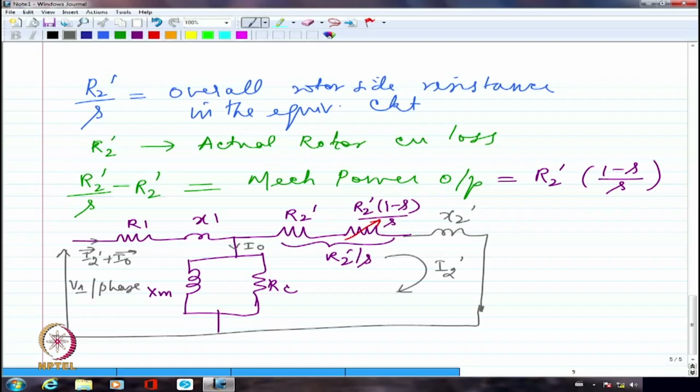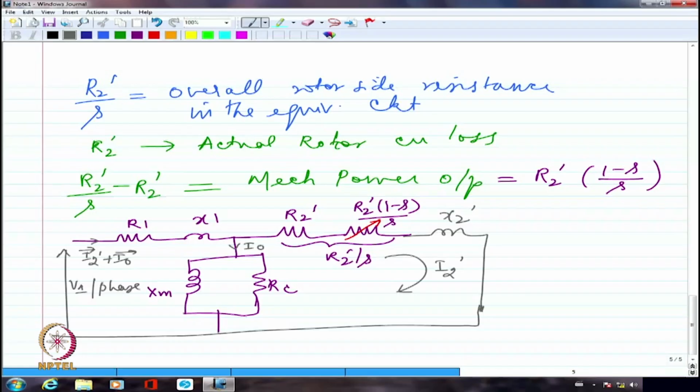No way it can be capacitive. No way it can be resistive. So always an induction machine will work at lagging power factor only. It cannot work at leading power factor or unity power factor at any point in time. This is one of the major disadvantages of induction machines.